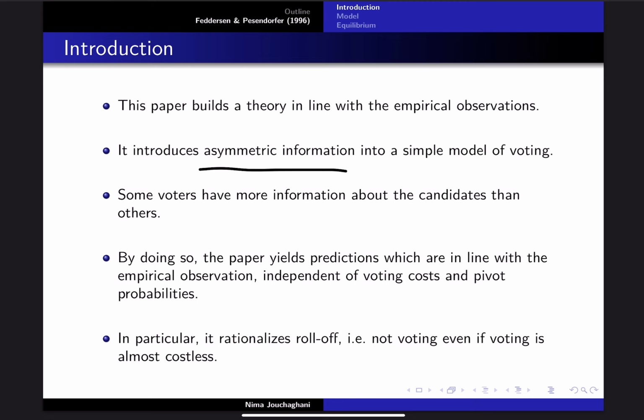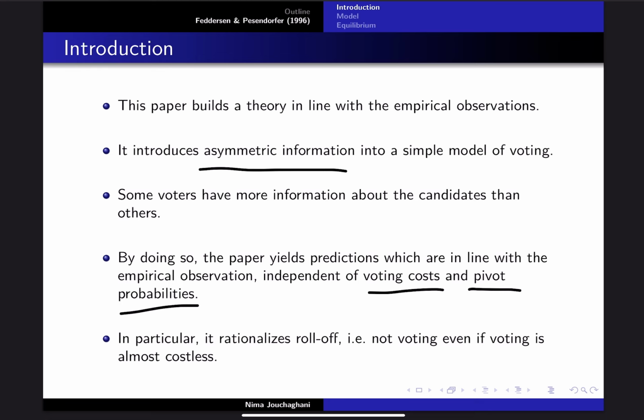And by introducing this type of asymmetric information, the paper yields predictions which are in line with the empirical observations. It's interesting that it does not depend on voting costs and pivot probabilities. There will be no voting costs in the model, and pivot probabilities, the probability that you actually have an impact on the outcome of the election, are very small.